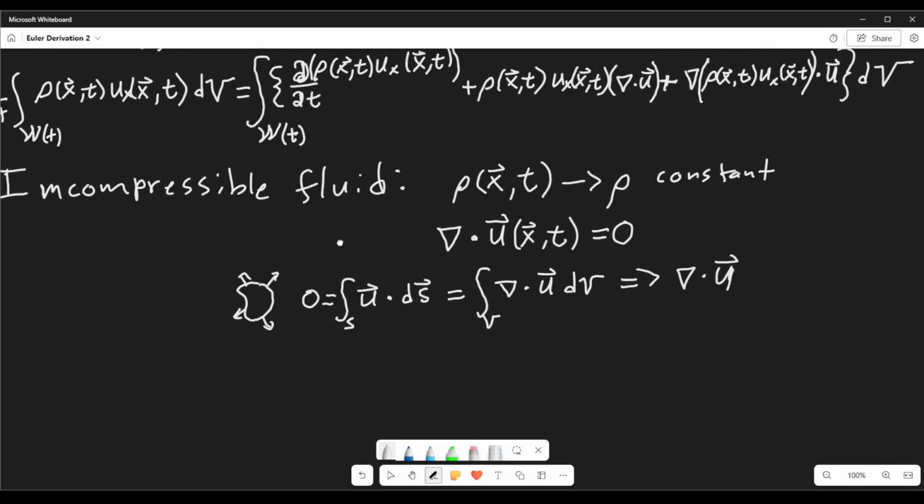So the next step is to rewrite this. This is the integral, d by dt of rho ux, which is going to equal a much simplified right-hand side, the integral over this blob volume.